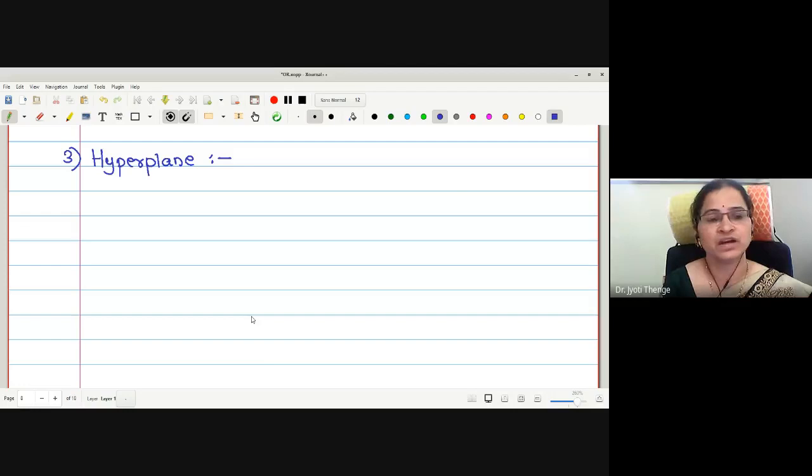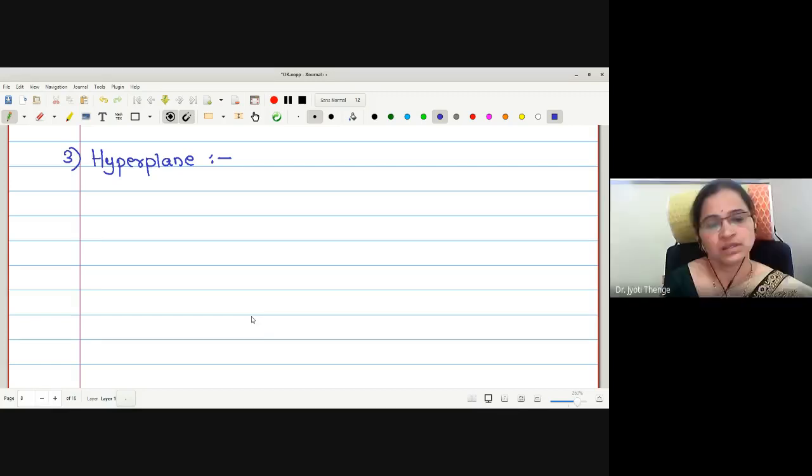That is, if I consider two dimensional space, this is the R2 plane, then the hyperplane will be a concept one dimension lower, that is a geometric object of one dimension. What is the geometric object of one dimension in the R2 plane? This is the line. What about in R3? In R3, it's a plane.